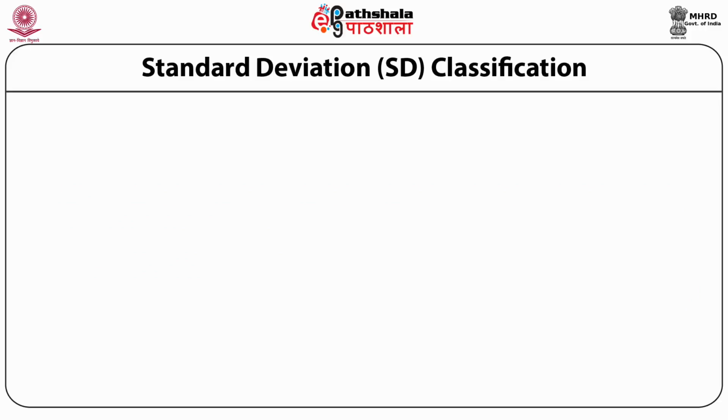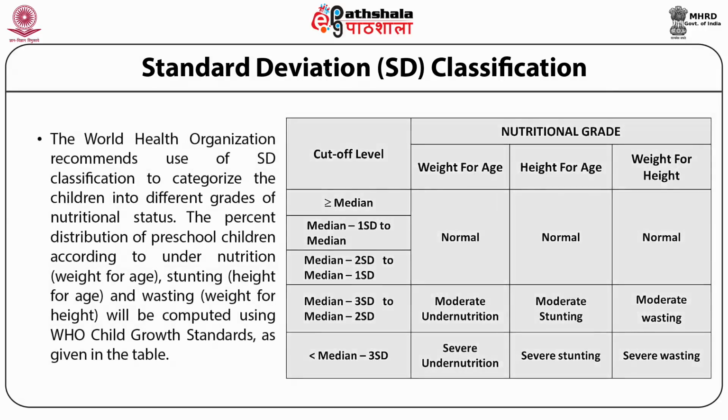Standard deviation classification. The World Health Organization recommends the use of standard deviation classification to categorize the children into different grades of nutritional status. The percent distribution of preschool children according to undernutrition, that is weight for age, stunting, which is height for age, and wasting, that is weight for height, will be computed using WHO child growth standards as given in the table.